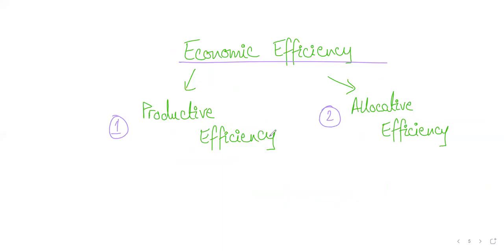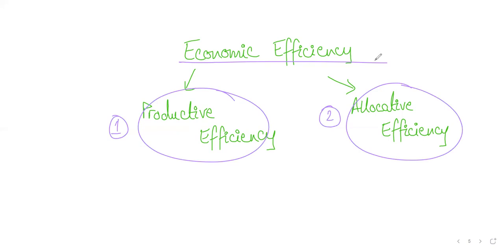By the way, we can look at efficiency from a country point of view, and we can also look at it from a firm point of view. We will look at both in a bit, but first we need to know the definitions of both productive and allocative efficiency. These two components together make up economic efficiency, and both need to be present for a country to be defined as economically efficient.